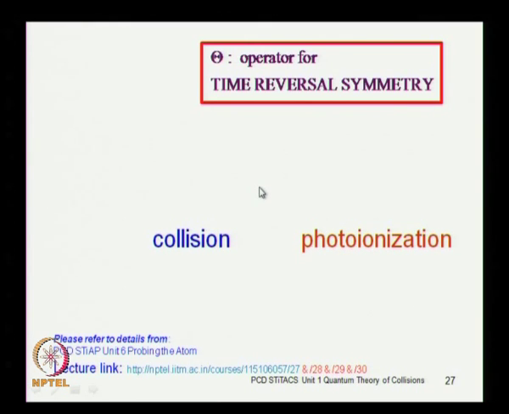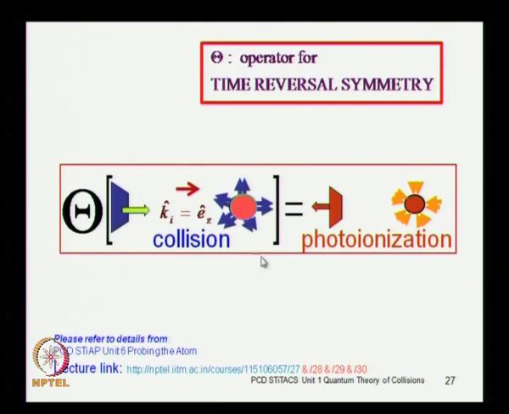The result of this time reversal symmetry is that you get photoionization as a process which is the time reverse of collision. So, in collision you have got an incident plane wave. This is the incident plane wave which is moving from left to right, and I consider the left to right direction as the direction of the z axis.